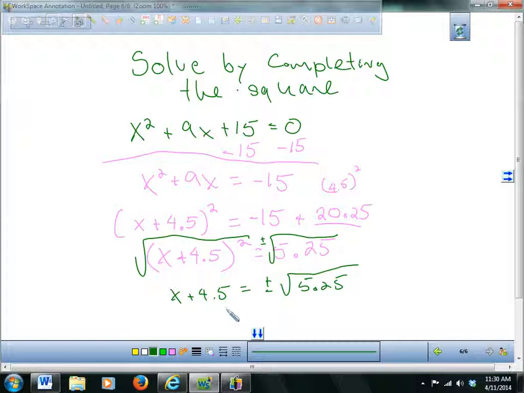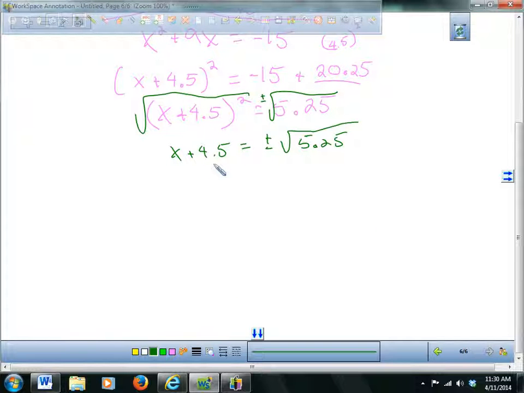Okay. Now what? Now what? Come on, we're almost there. I want to get x by itself. Subtract 4.5, subtract 4.5. Okay?